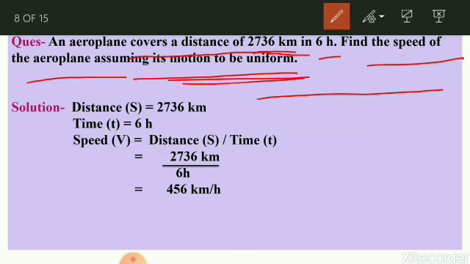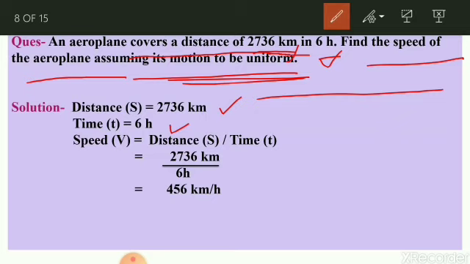Both necessary data we have. As we know, speed is equal to distance upon time, and we have distance and time both. Here distance is 2736 kilometers and time is 6 hours. Since the aeroplane is moving over a longer distance, we will measure the speed in kilometer per hour.